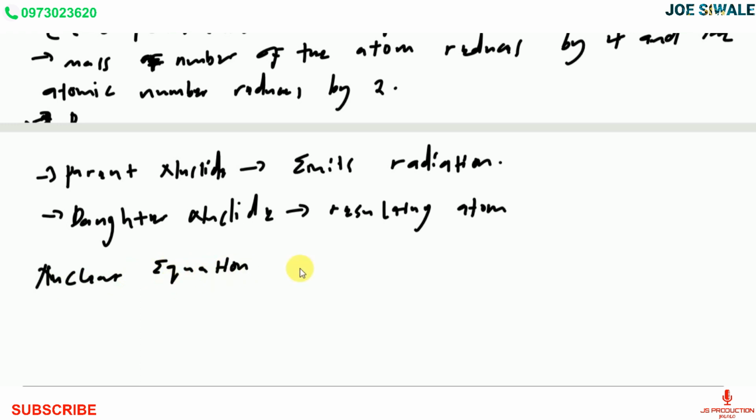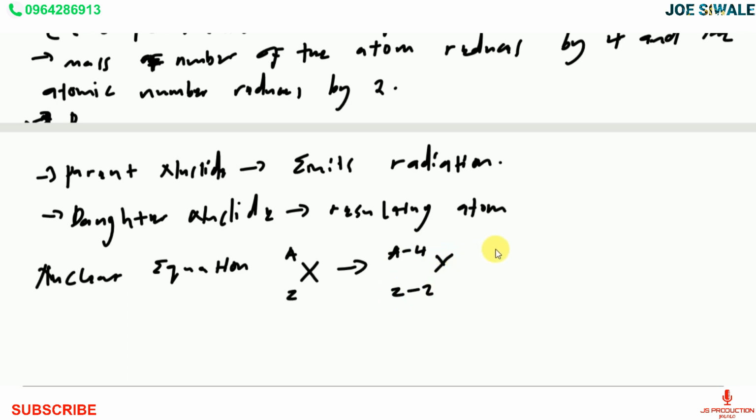So if you have an element with the symbol X, the mass number A and the atomic number Z, this is going to produce a daughter nuclide with the symbol Y. We said that the mass number will reduce by 4, so the mass number there is going to be A minus 4, and the atomic number is going to reduce by 2, so we're going to have Z minus 2. So that's going to be the daughter nuclide.